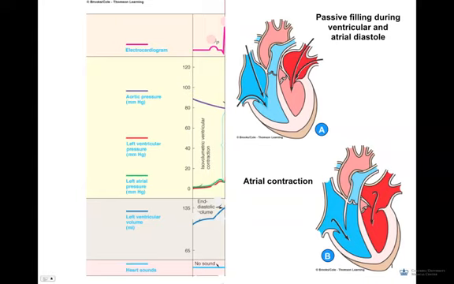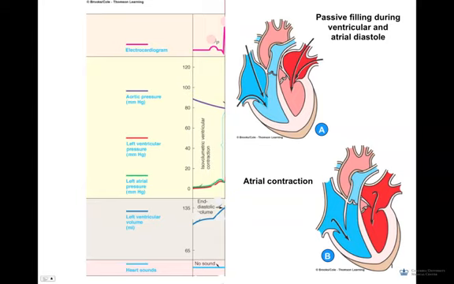Which means, if you go over here to this first drawing of the heart, atrial pressure is greater than ventricular pressure. Because that's true, blood is moving in from these veins, both the pulmonary veins and the systemic veins, into the atria and then into the ventricles.